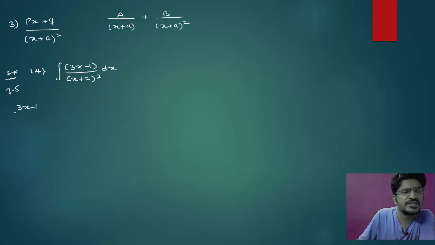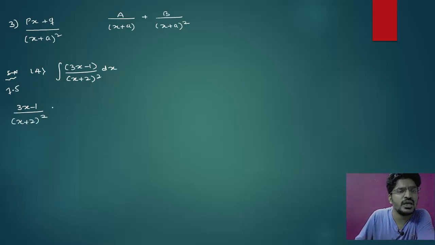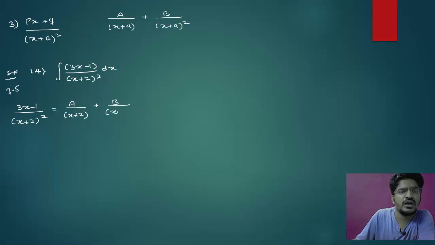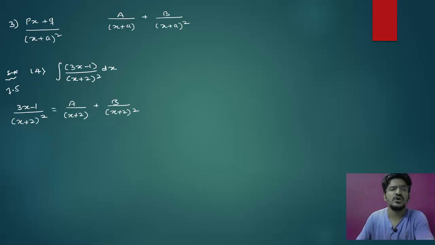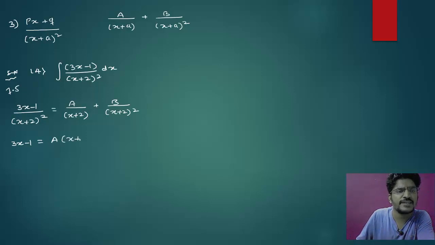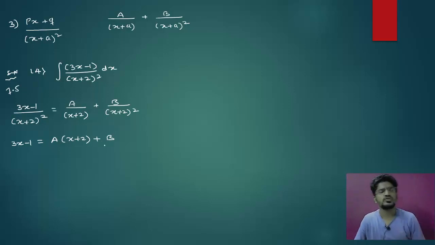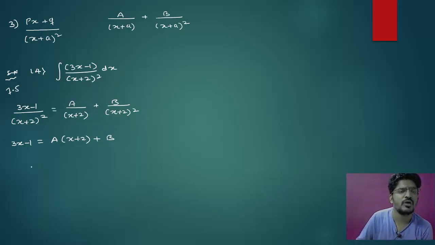We can decompose it as A divided by (x + 2) plus B divided by (x + 2) whole square. Next we have to find the values of A and B. I take it as 3x − 1 equal to A(x + 2) + B. I think everyone knows to solve this by taking LCM, no problem.